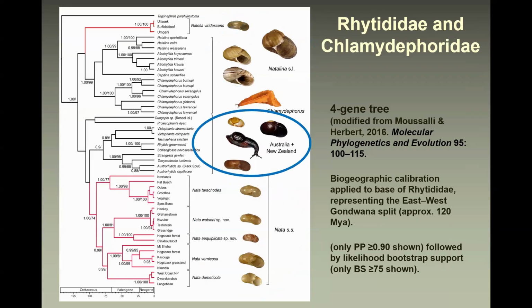And then we have the Australasian ones here, as a cluster together as well. But the chlamydophorids, supposedly a different family, are sitting within this group. So the similarities that Hugh Watson saw in terms of morphology are also reflected here in terms of the genetics.